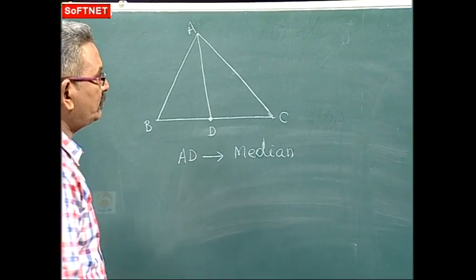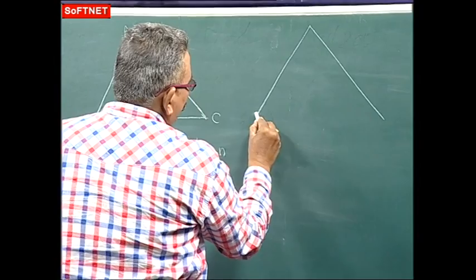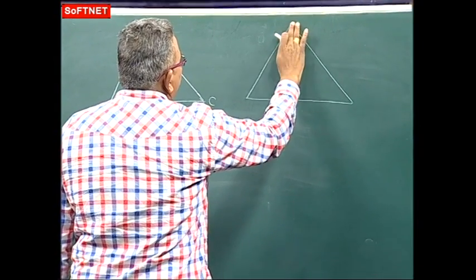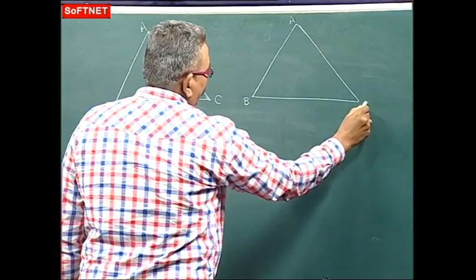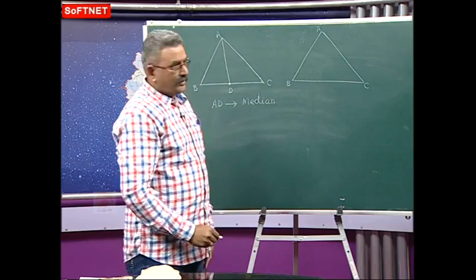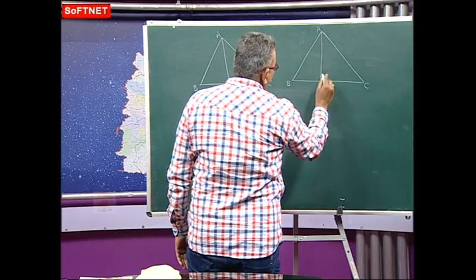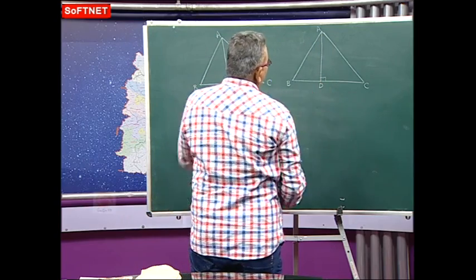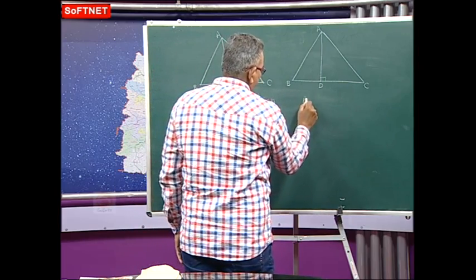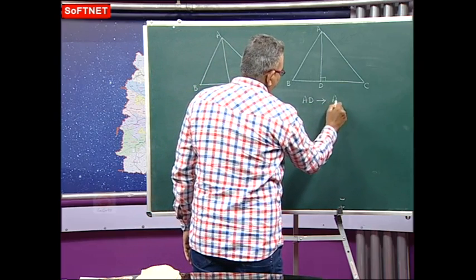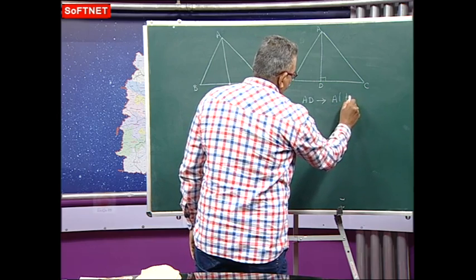Now take one more triangle, the same ABC. Draw the perpendicular from A to the opposite side BC, say AD. As AD is perpendicular to BC, in this case AD is called the altitude.